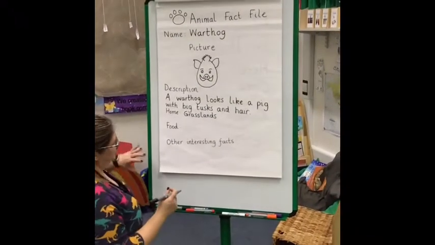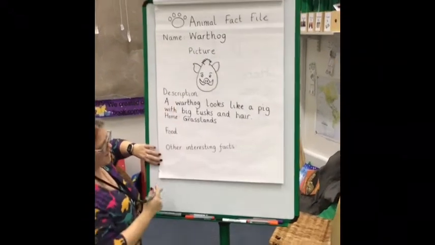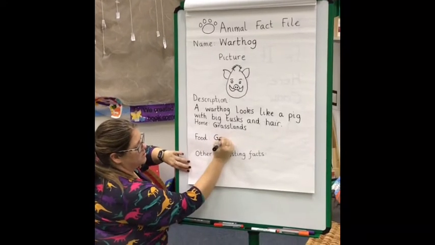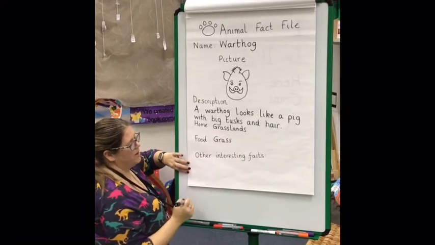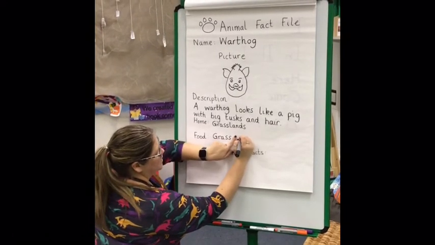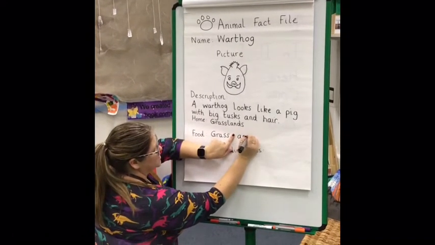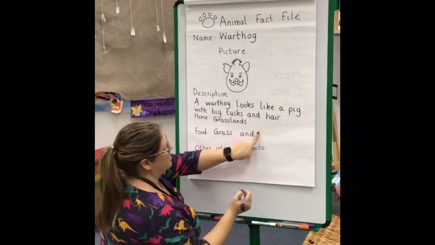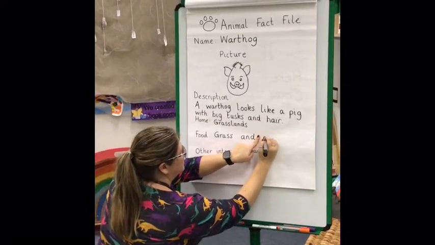So the food that a warthog eats is grass. And we have the word and again, which we had up in our sentence, so I can copy it with my finger space. And they eat plants as well. So again, finger space, plants.